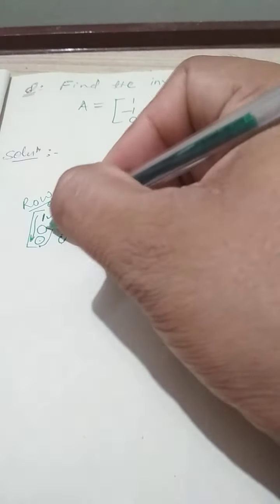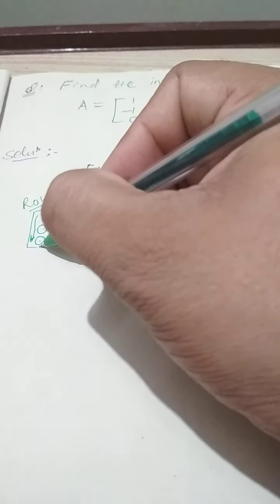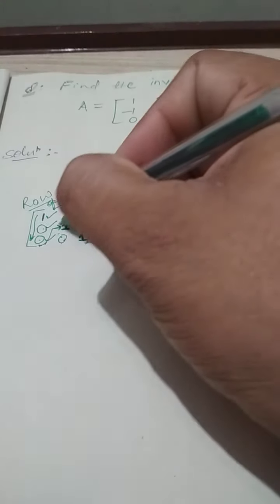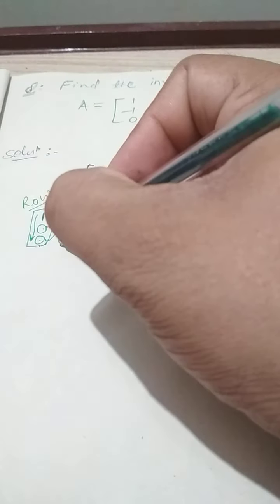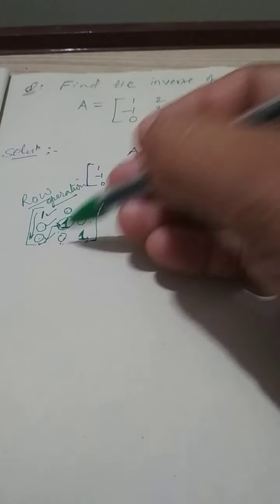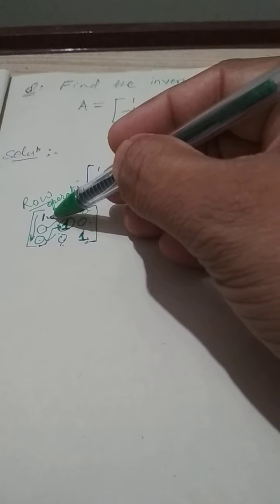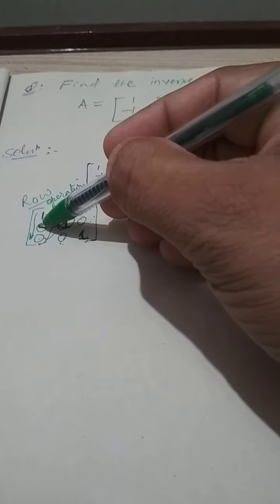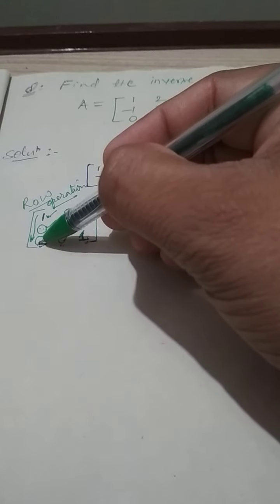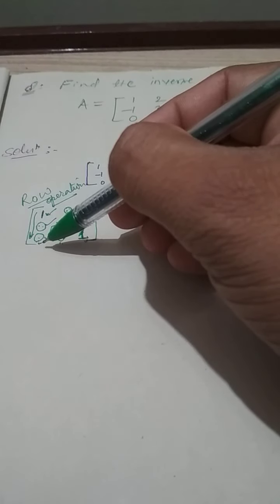So this is first, second, third, 1 0 0. Then the next focus will be directly on the middlemost element. With the help of this you can make the other two elements 0. I'll repeat: first element, first row, first column, then these two zeros using elementary row operations.